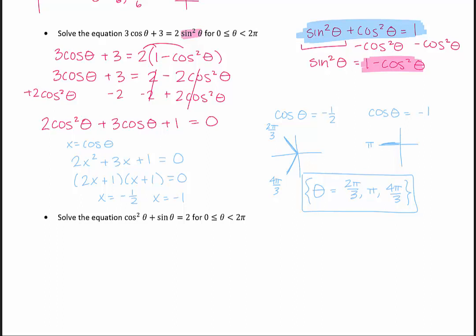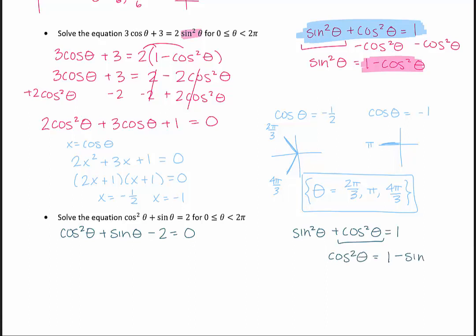Okay, so let's go through this. I know that this is really not what we need, because we have something like cosine squared plus sine minus 2 equals 0. So I'm going to use the fact that sine squared plus cosine squared equals 1, and I'm going to isolate cosine squared this time. So cosine squared of theta would equal 1 minus sine squared theta.